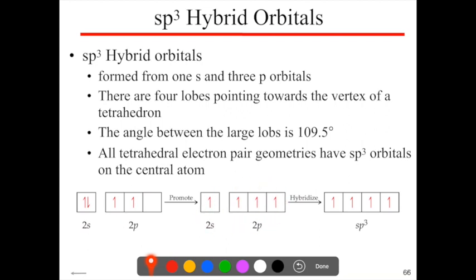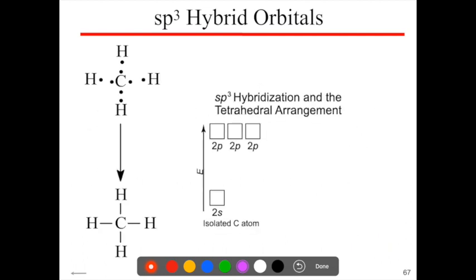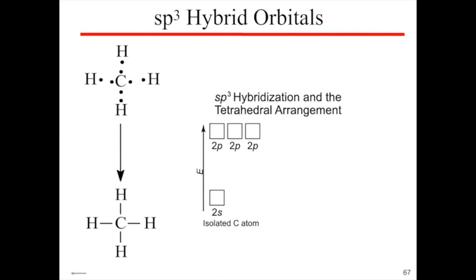But when I mix, this is part of the reaction, I hybridize, creating 4 separate large lobes, 1 small lobe. I'll have 4 of them, and then I'll put them all together. An example of this, if we take a look and see what that would look like, the carbon would have a full s with 2 electrons.